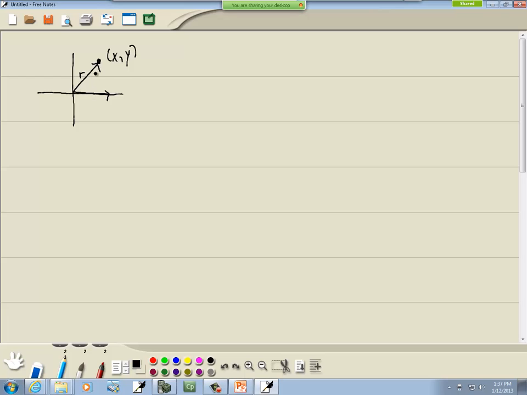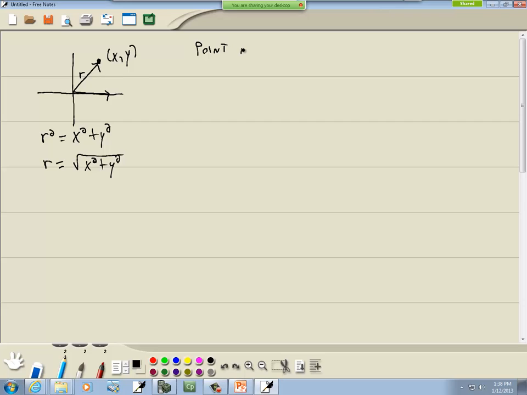I could find that using the Pythagorean theorem, and what it would give us is that r squared is equal to x squared plus y squared, or r is equal to the square root of x squared plus y squared. Depending upon the setup of the problem, the first formula may be easier to use, or the second formula may be easier to use.